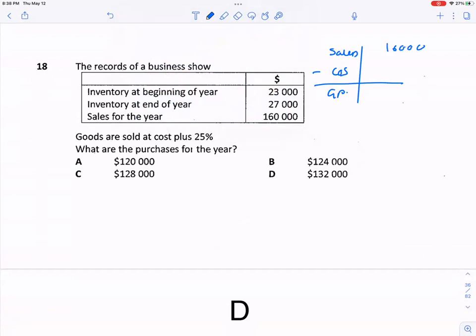Cost of sales is made up of what? Opening inventory plus purchases minus closing inventory. What is opening inventory?